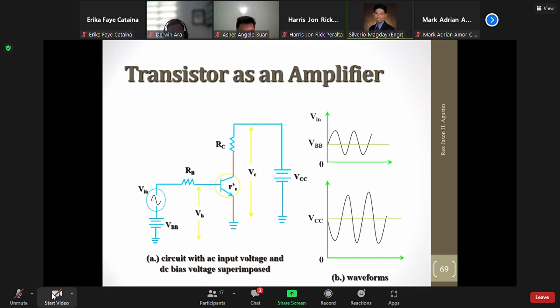As an amplifier, we also have AC analysis with an AC input voltage. These are the waveforms. For AC analysis, it is a single stage.